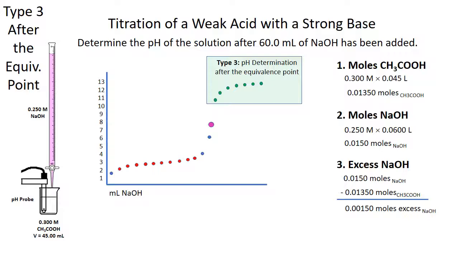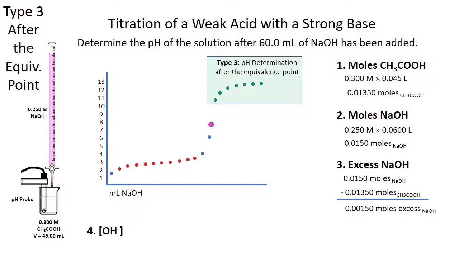It is these excess moles of sodium hydroxide that will now determine the pH of the solution. The equilibrium problems of the past no longer present themselves here, because the pH of the solution is going to be determined for our purposes entirely by the excess sodium hydroxide that's present. So it's very important that we determine the number of moles of excess sodium hydroxide, and now we can use this information to determine the pH quite simply.